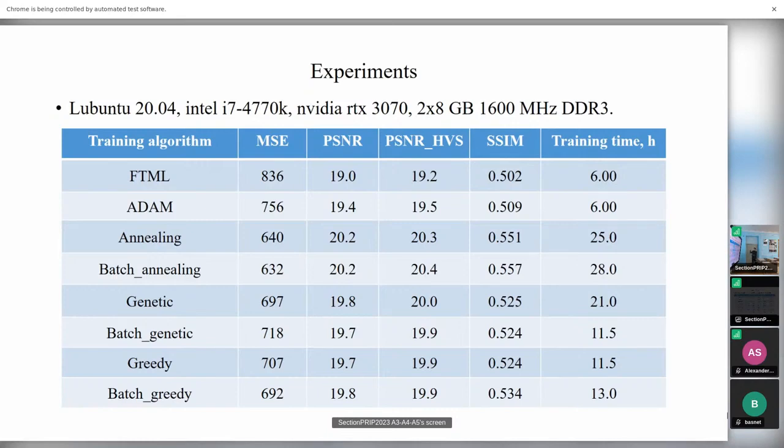This helps us to reach higher quality, as we see on the slide. Not significantly, but higher. The second interesting fact is that when we use a genetic algorithm, we turn on a scalable modification and we reduce the training time almost two times, because we reduce the amount of computations in a single iteration, because we use a smaller amount of data at each iteration.